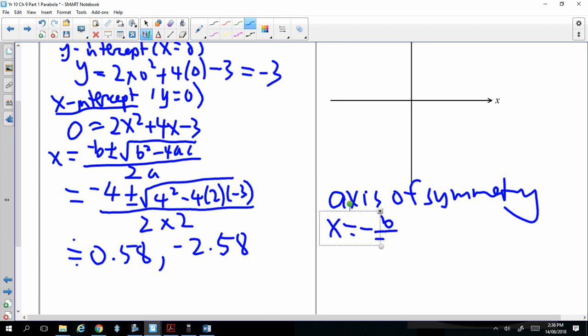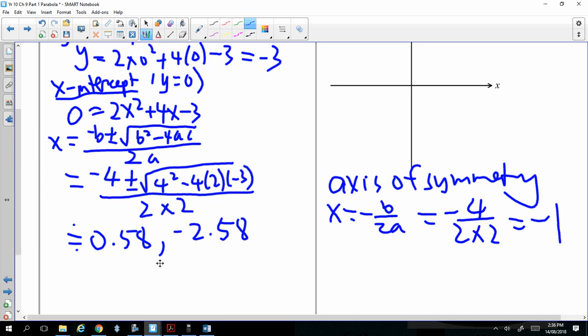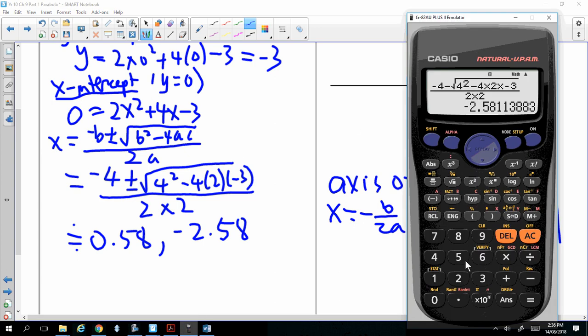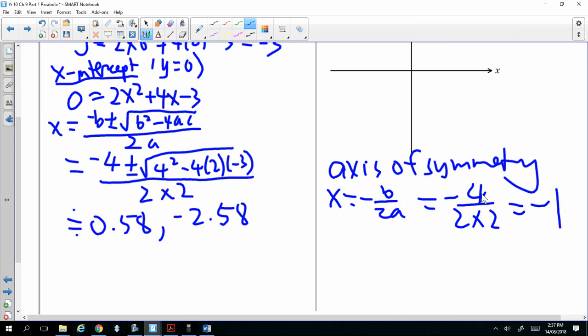Is that negative 1 again? Negative 4 over 2 times 2. Negative 1, yeah. Now you can check: if you average this, it will also give you the same thing. So if you do 0.58 plus negative 2.58 divided by 2, you'll get negative 1 as well. But that's easier, isn't it? Instead of averaging the x-intercepts. Okay, we've got the axis of symmetry.